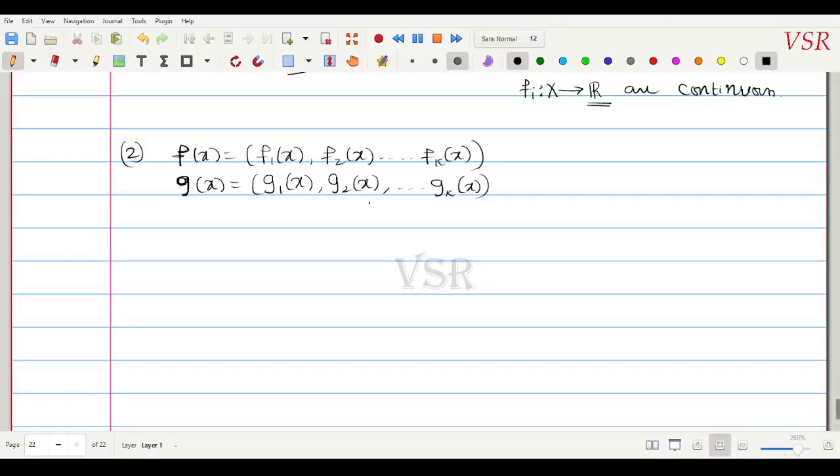Then what is f plus g? The vector function f plus g of x has coordinate functions f1 plus g1 of x, f2 plus g2 of x, up to fk plus gk of x.